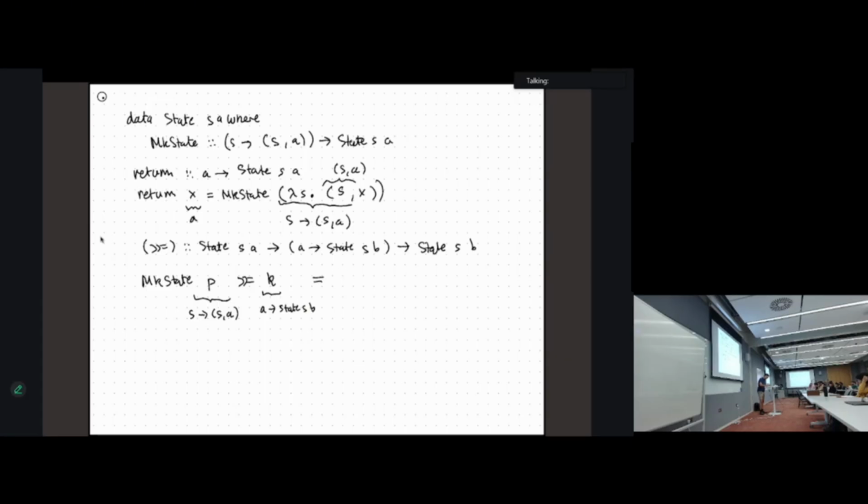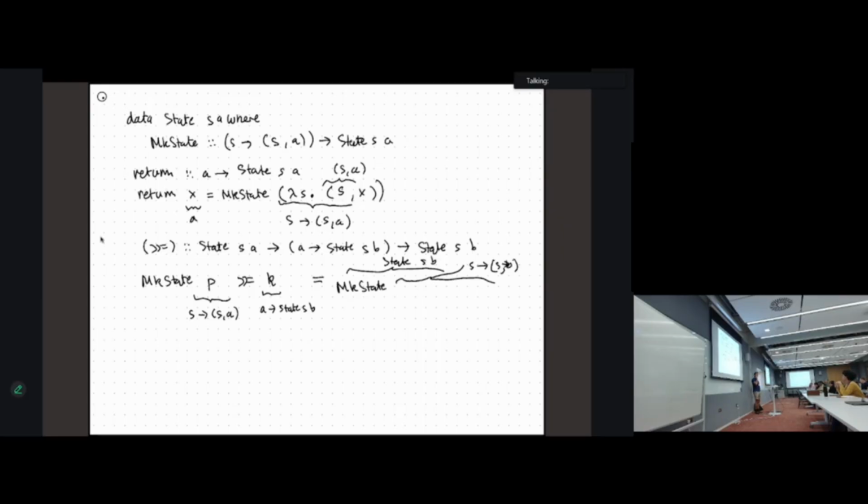Okay, so on the right-hand side, this better be something of type state S B. How do I construct something of type state? Well, I've only got one constructor, it's the mux state. And this mux state takes in as its parameter this thing here, which is a function of type S to S, B in this case.